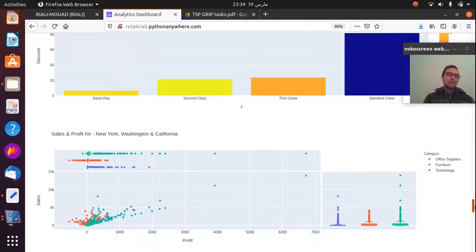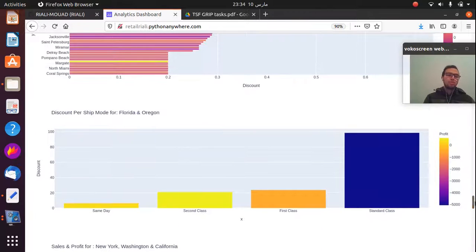So we have two hypotheses. The first is that the high discount rates in some subcategories like machines, tables, and supplies are the main problem for these states.